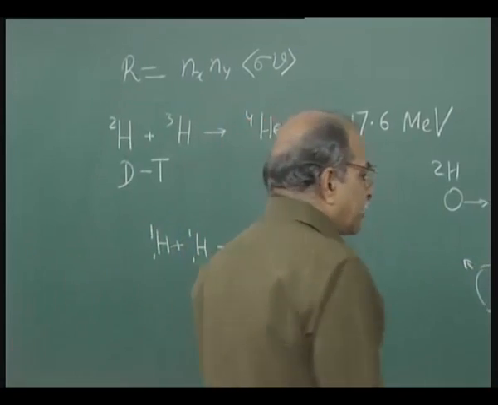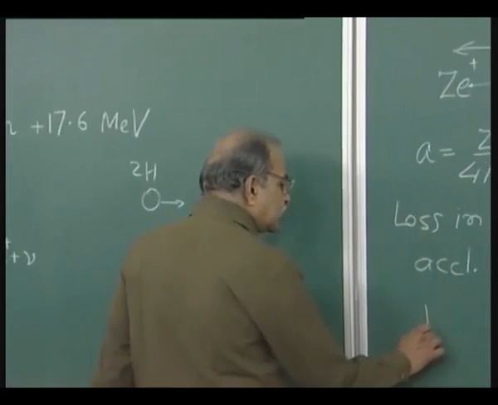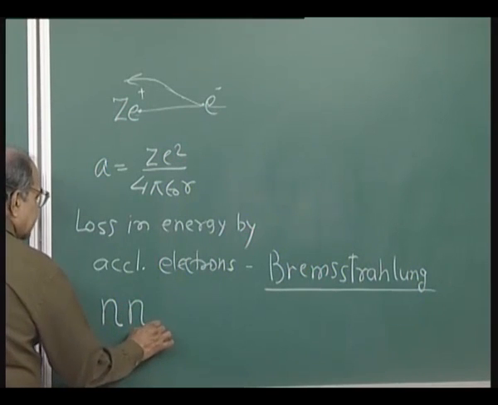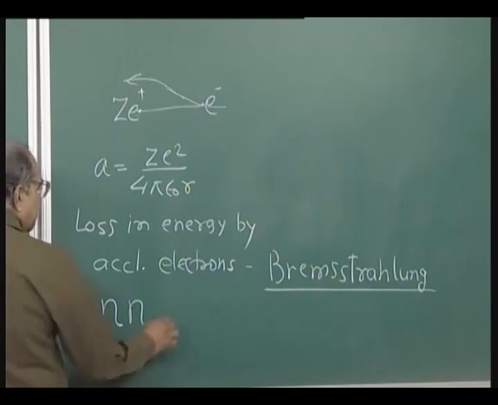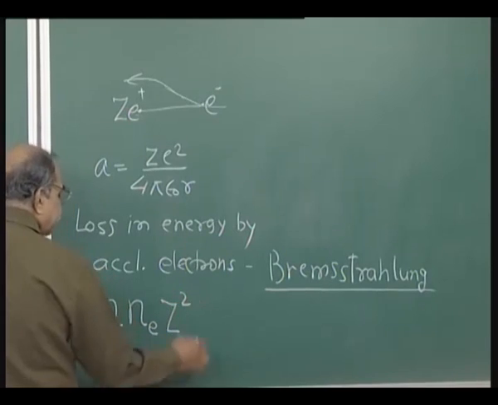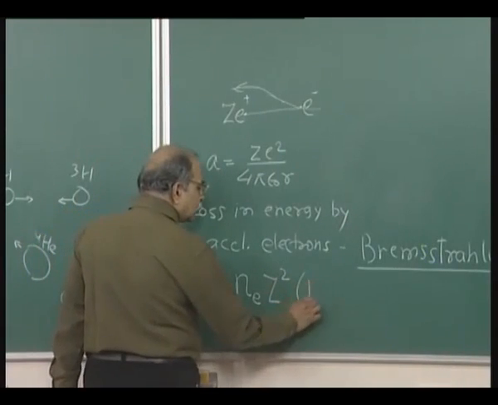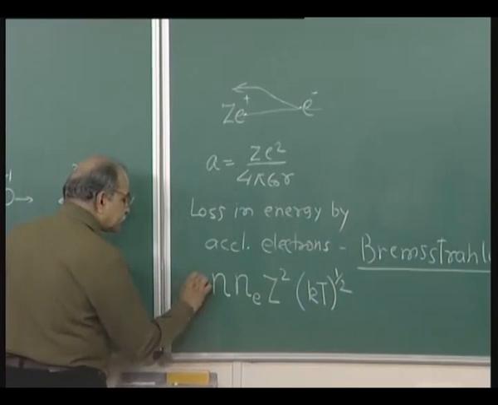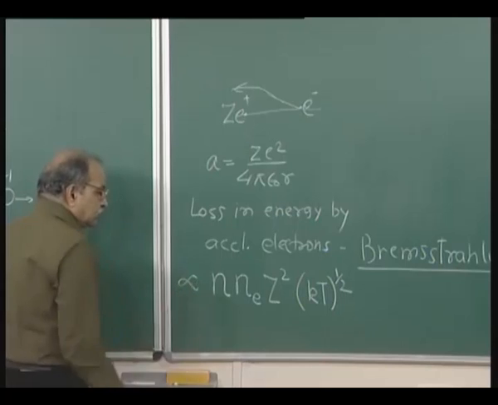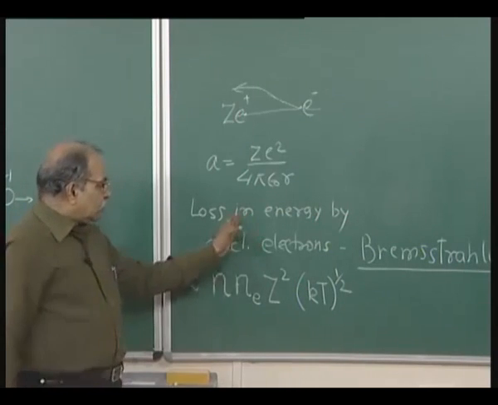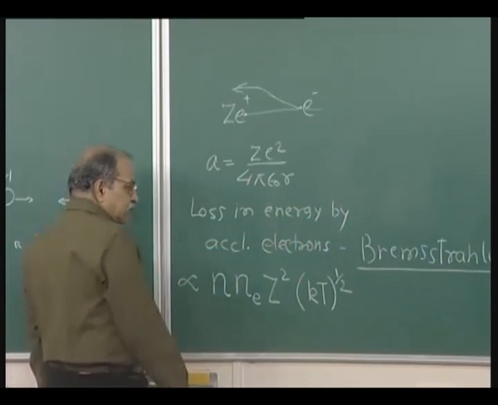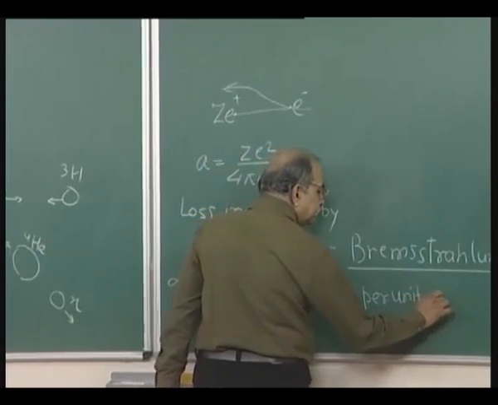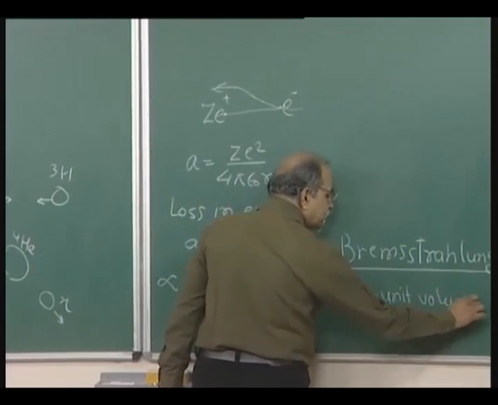It will be proportional to the concentration of the positive ions, proportional to the concentration of the electrons, proportional to Z squared, and then proportional to the relative speed, say (kT)^(1/2). This is the loss in energy because of this Bremsstrahlung per unit volume and per unit time.